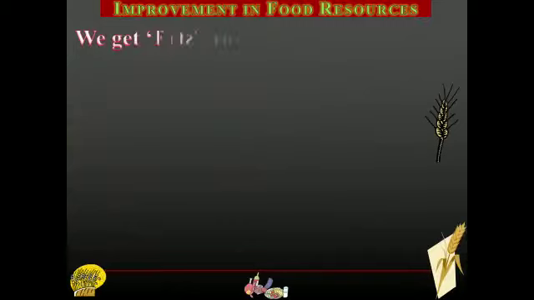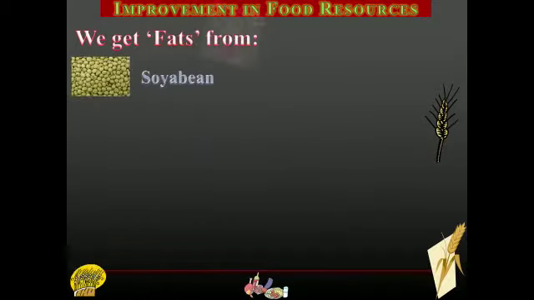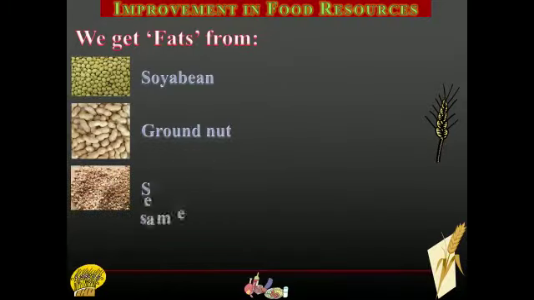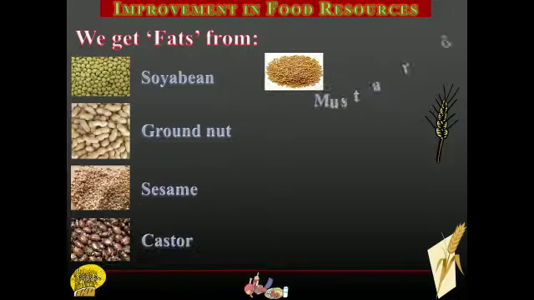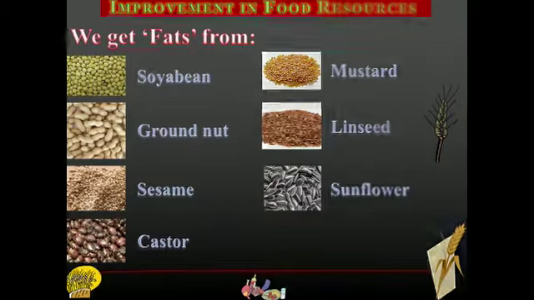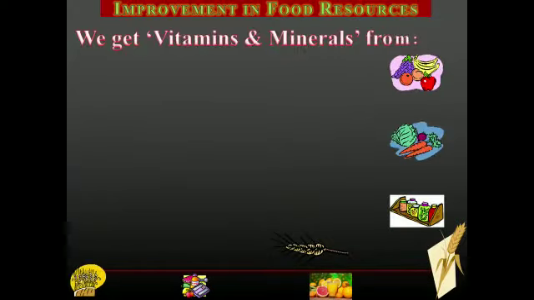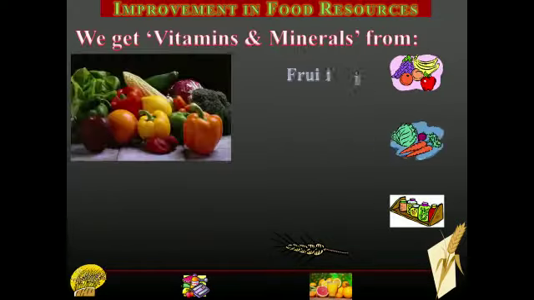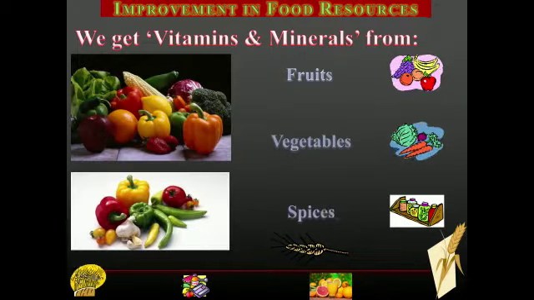Fats provide us a reservoir for energy and we get fats from soybean, groundnuts, sesame, castor, mustard, linseed, sunflower. Also there are various other sources. Now if we talk about minerals and vitamins, these are also essential and I think you all know that we eat fruits, vegetables and various spices to get vitamins and minerals, which are also essential for us.